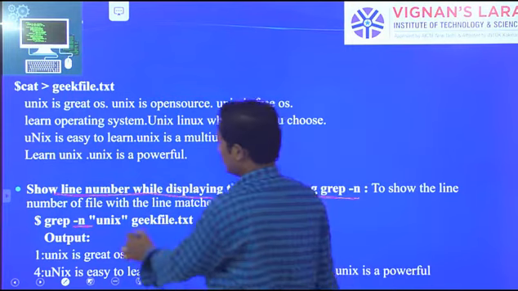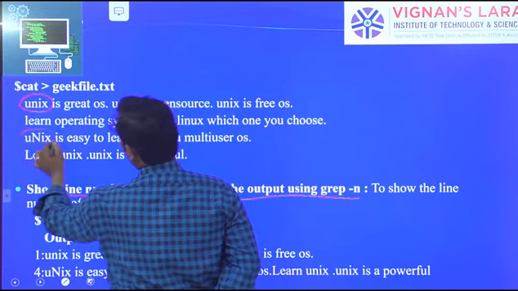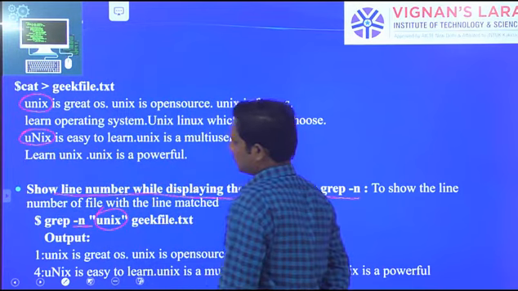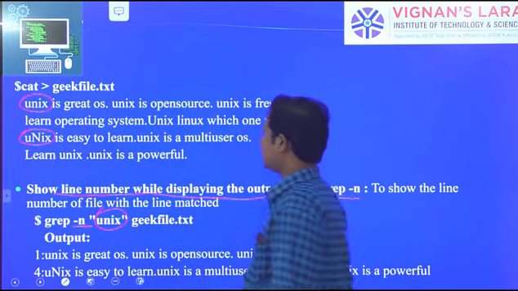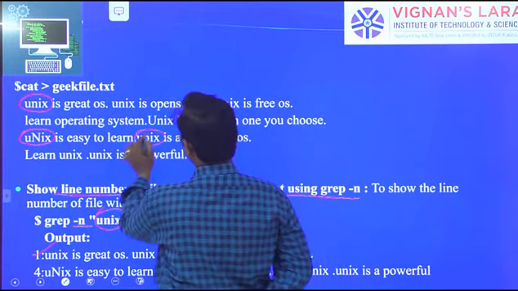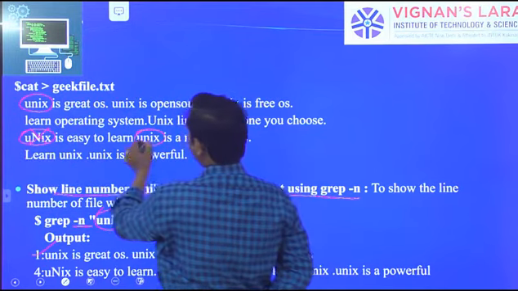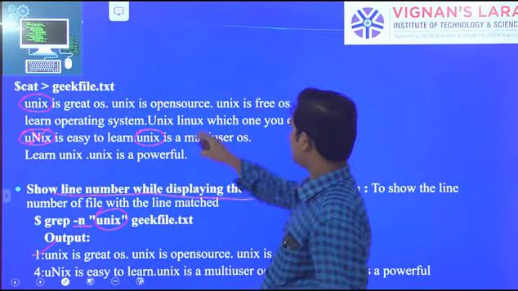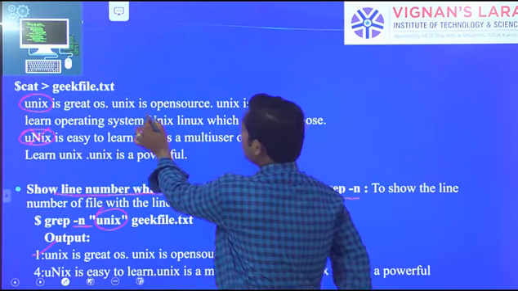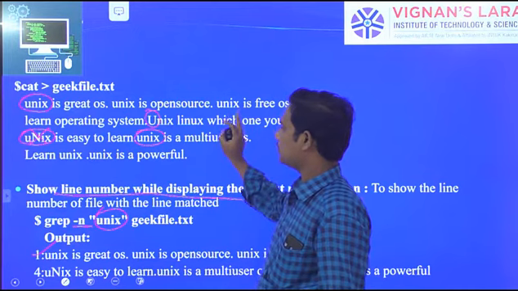So the first line and second line don't match. This line also has Unix, this line also has Unix. But here Unix is there, but the starting letter is capital U. That's why this line is not displayed.